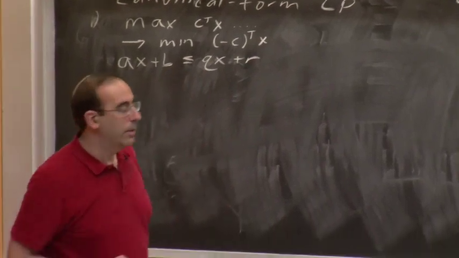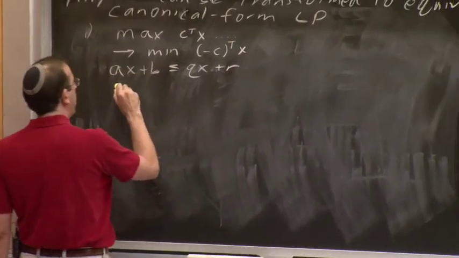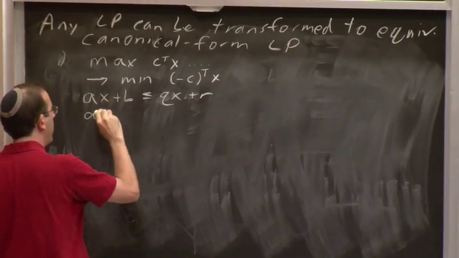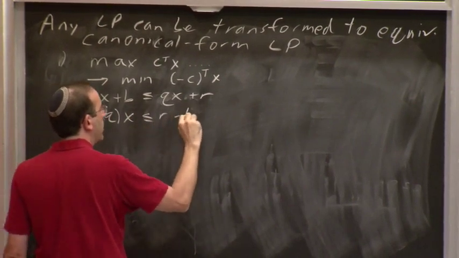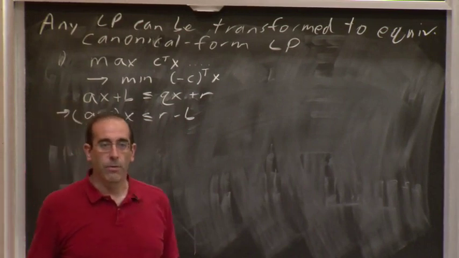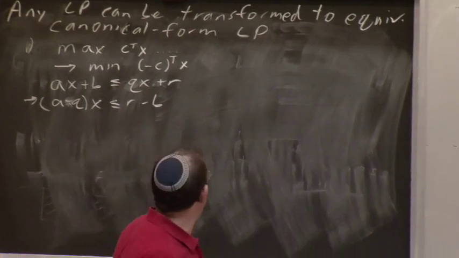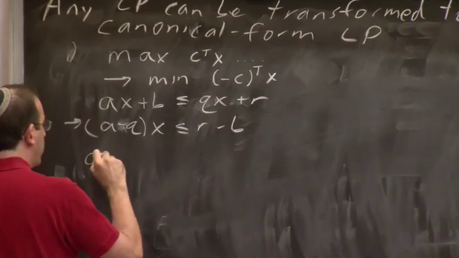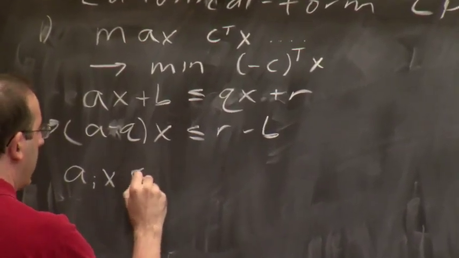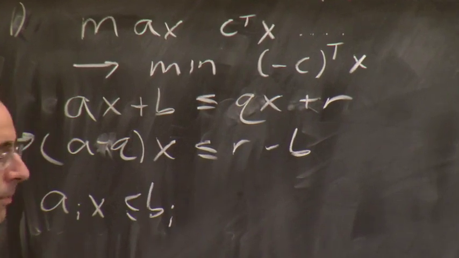Yeah? Things on the same side. Yeah, just move everything around, right? So here I'll say A minus Qx less than or equal to r minus b, and now it fits the form. Only it doesn't, right? I have something else wrong. So what happens if I have a constraint of the form a_i x less than or equal to b_i? What should I do?